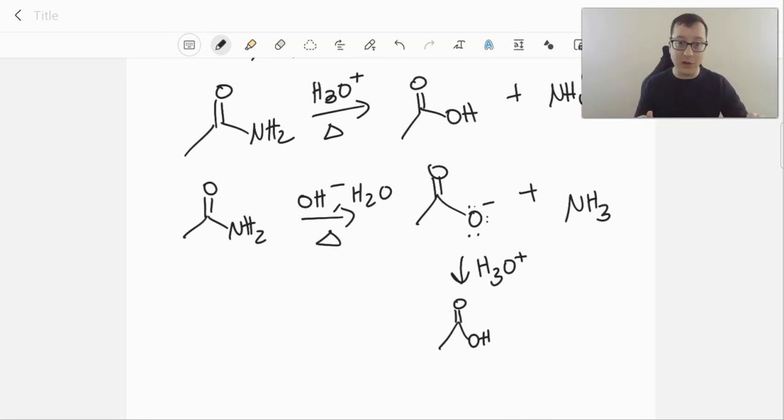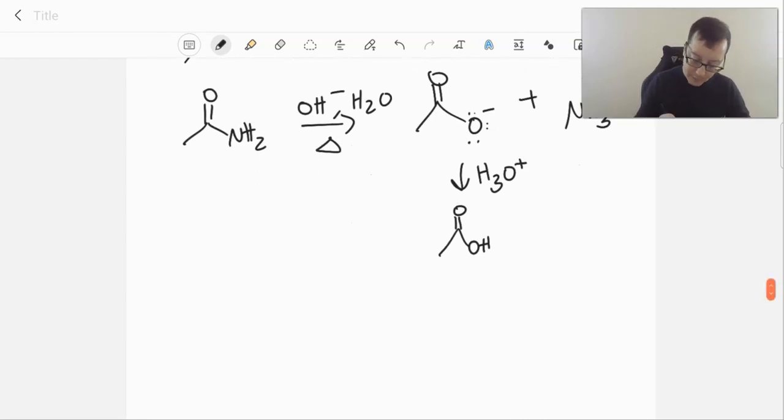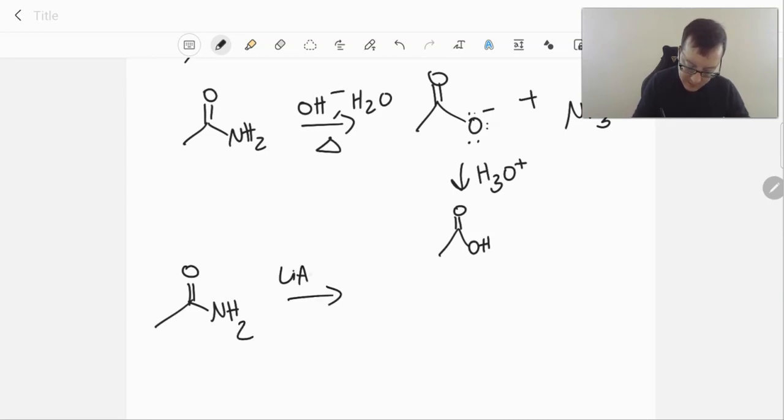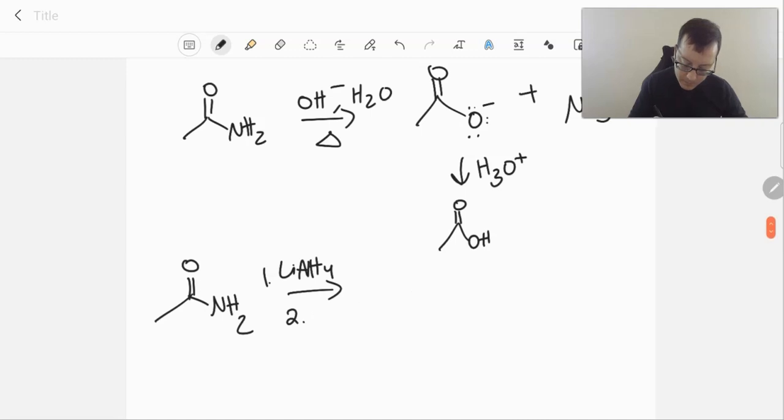And so, if we want to look at other things we can do, we can reduce amides using lithium aluminum hydride. If we do that, we just need a water workup. When we do this, we actually just get the amine out.